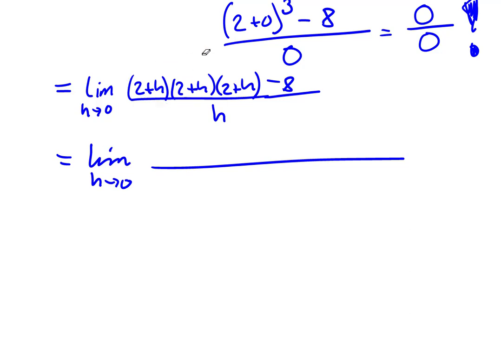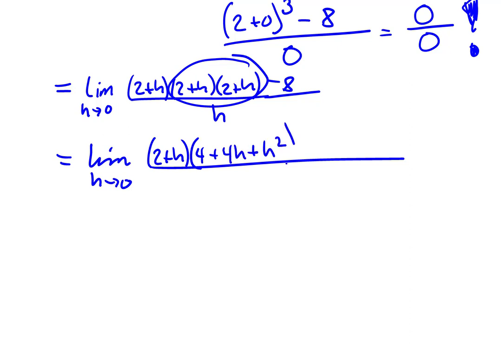It doesn't really matter which pair, just for style. I'm going to keep the first one as just 2 plus h. And then I'm going to take these second two binomials and FOIL them out. That would give us a 4 plus 4h plus h squared. Then I have this minus 8, and this is all still over h.